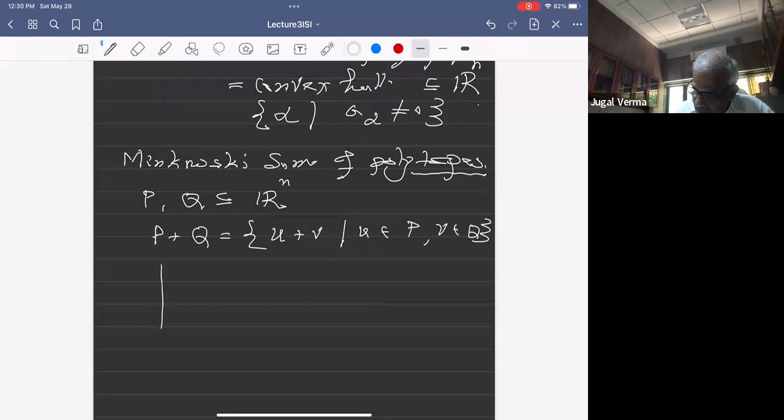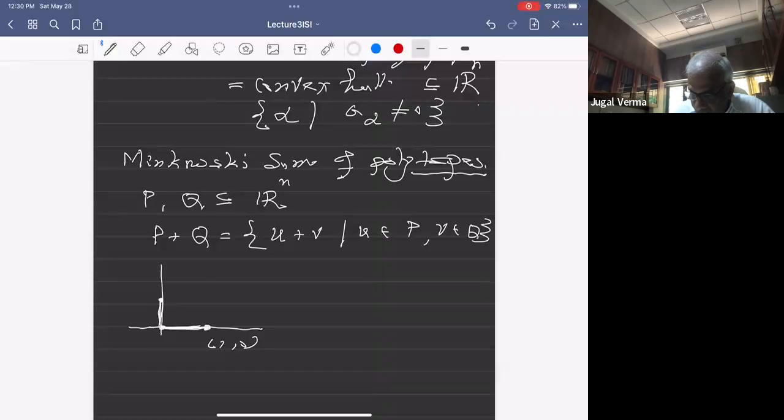So suppose I take a line segment. This is my line segment. This is a convex set. Then I take another line segment. I am thinking of this as a convex set in R2, and take another convex set here in R2, this line segment along the y-axis.